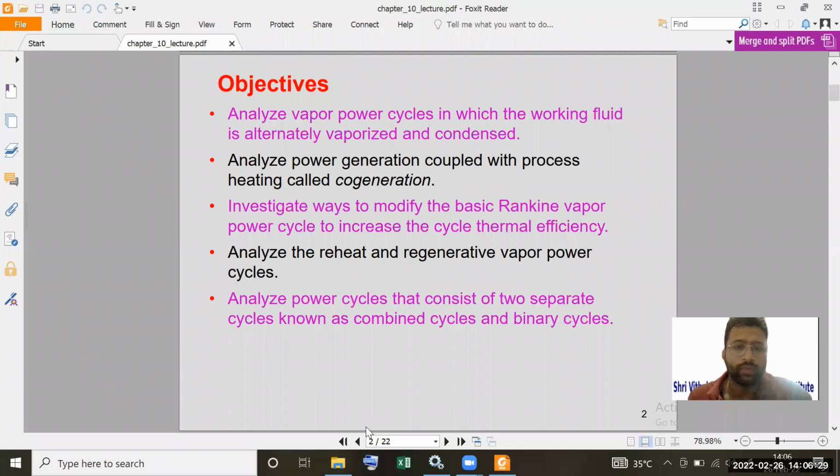First I will take the revision of the last lecture and then we can start.